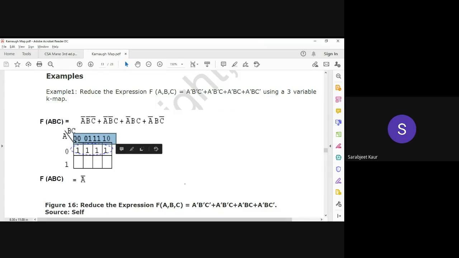We find a B dash here and here. Yes or no? Yes, ma'am. And in the next two terms, I find a B. So B and B dash cancel out. So we will not write down the B term in my final expression.